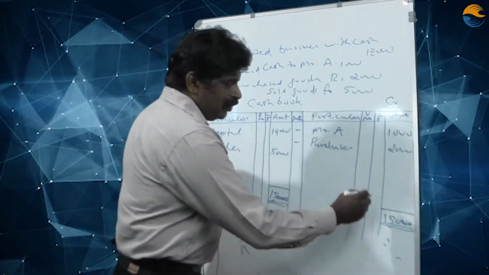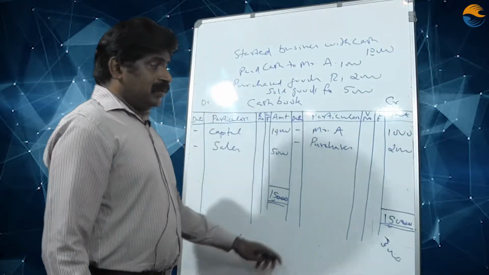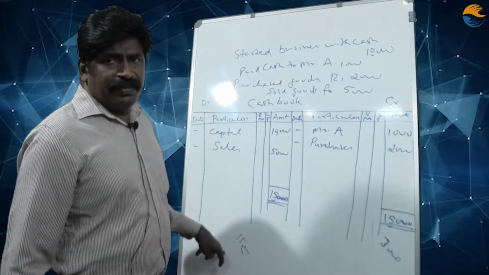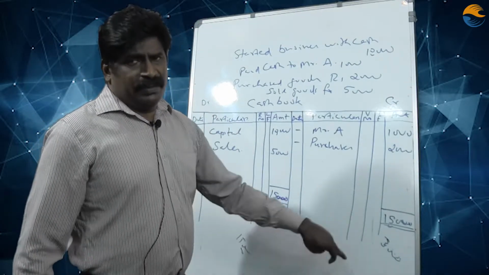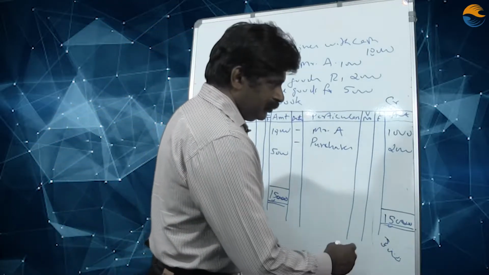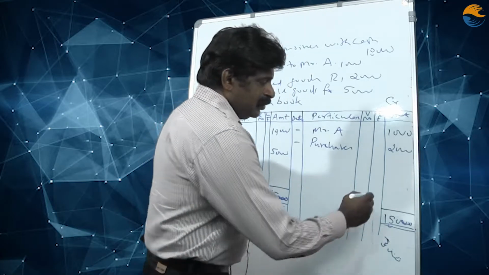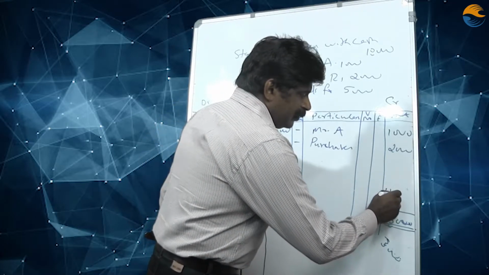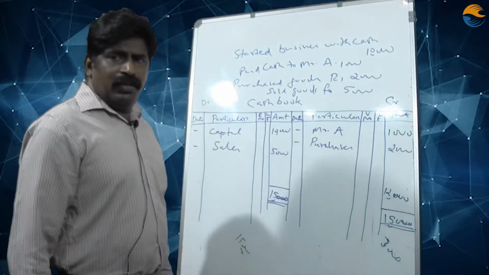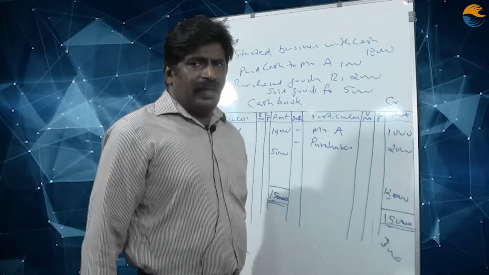We know that on the credit side there was a total of 3,000, and on the debit side it was 15,000. Consider the difference. The difference is 12,000. This 12,000 should be shown here. Only then it will be possible to make the account tally.